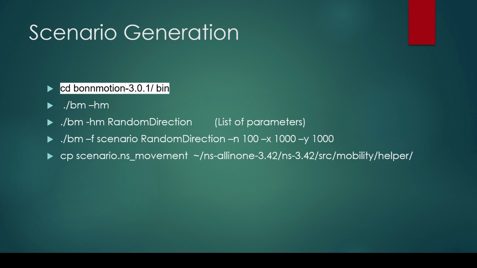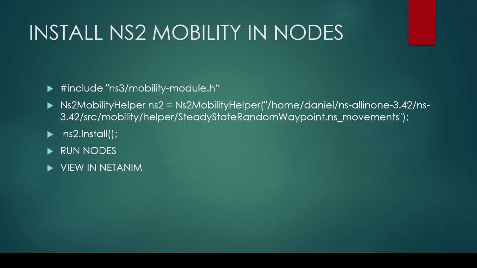Once you have done this, we have to generate the scenarios with NS2 compatibility. Then you have to move that ns_movements extension file to the mobility helper directory.